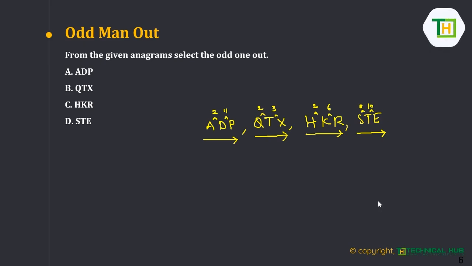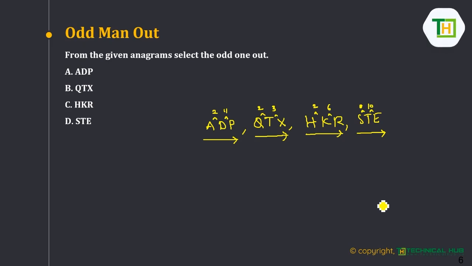Someone said STE is the answer, but someone said HKR. The gap between the first two letters is 2, and for STE it is not 2. If you think I can go with that logic, the difference between the first two letters is just 2, whereas STE is not following, since S and T are consecutive letters.